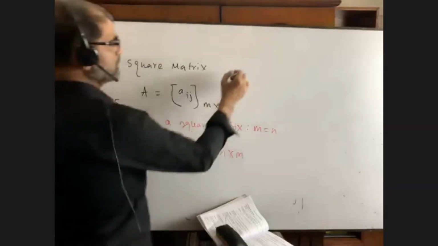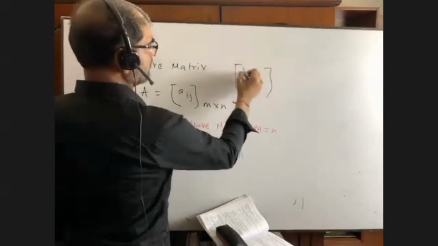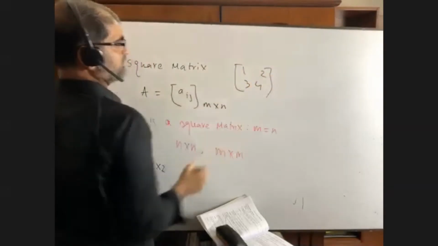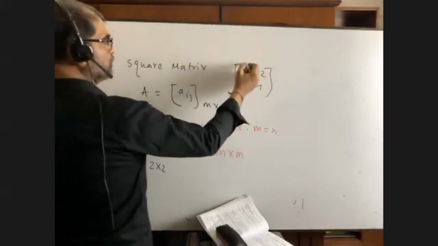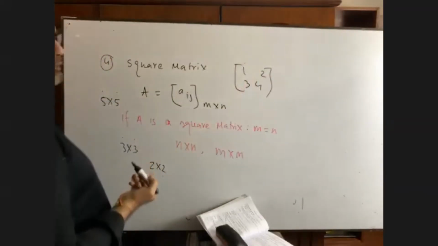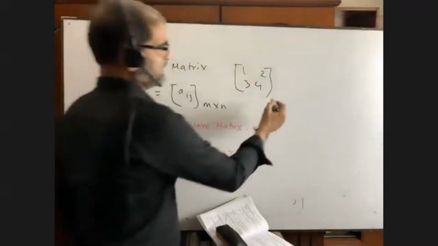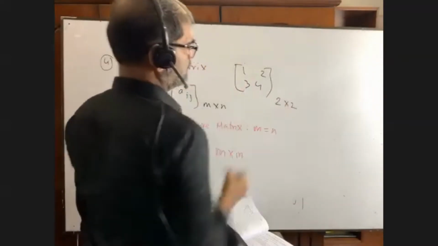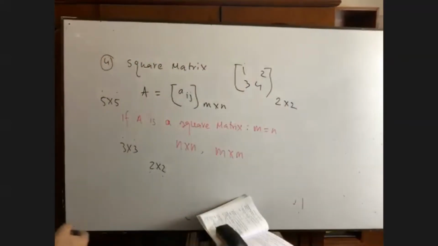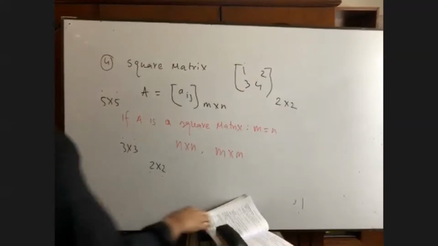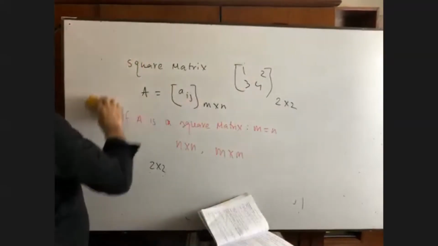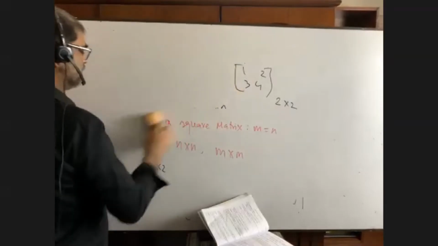As for example, of 2 by 2 order, if I take 1, 2, 3, 4, it is a square matrix. Number of rows 2, number of columns 2. You understand? It is a square matrix of 2 by 2. Have you got me? Now I am again going to the principal diagonal.